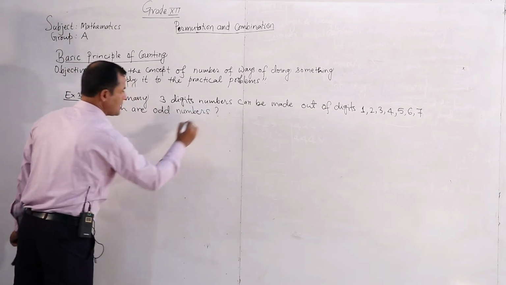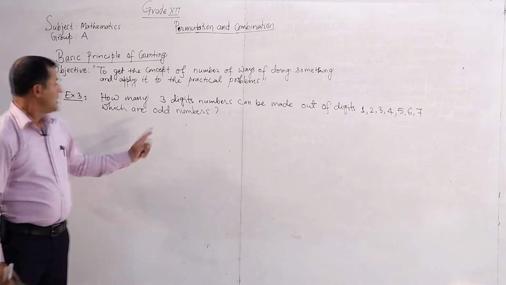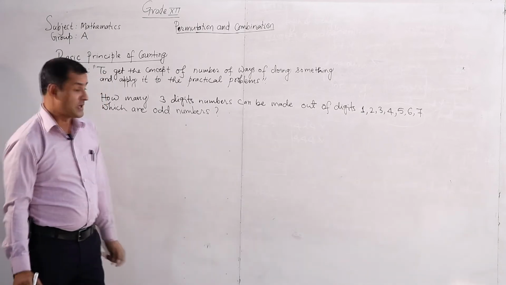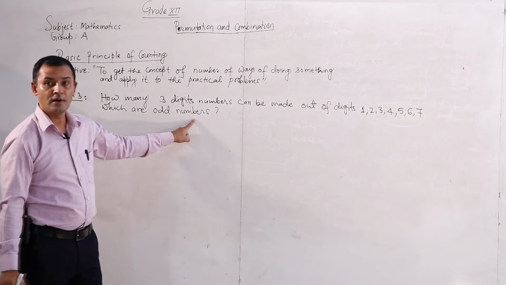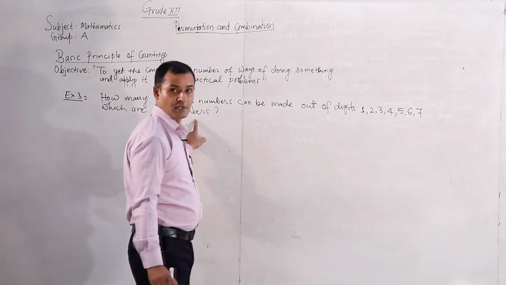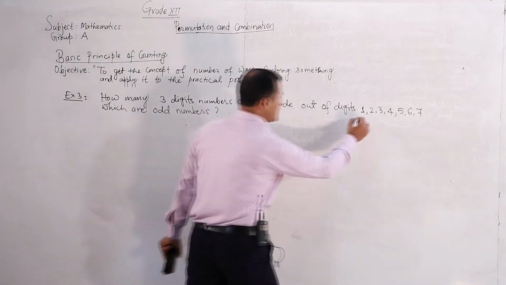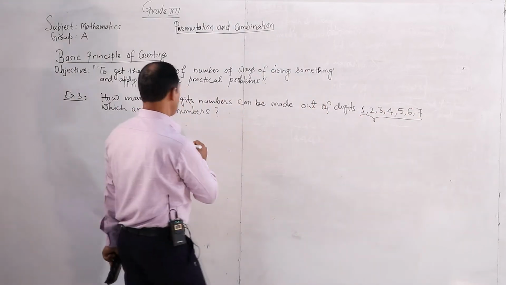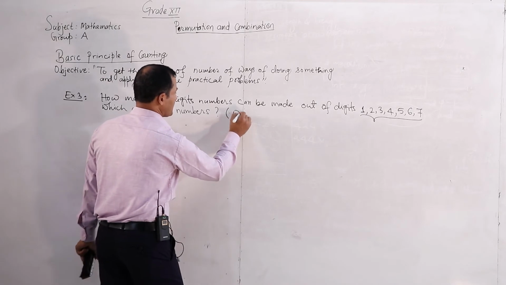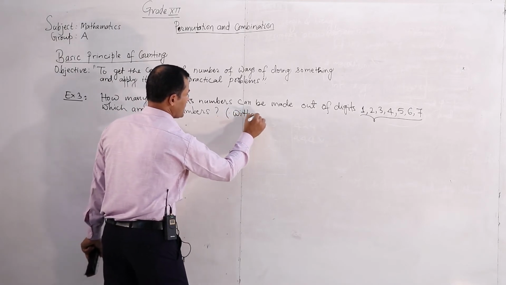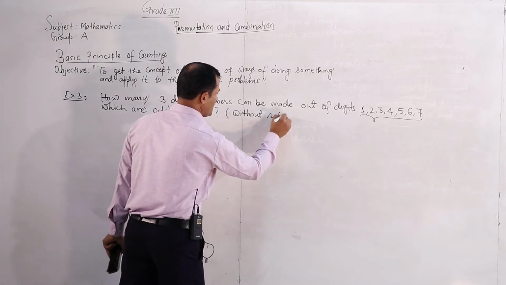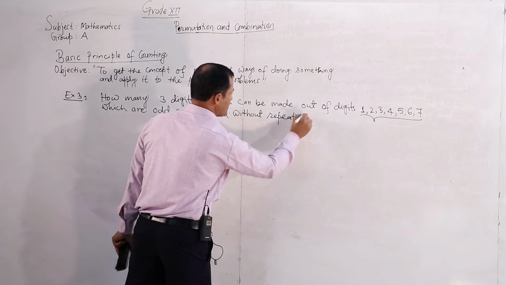This problem is similar to the previous one, only we are choosing odd digits in the unit place, without repeating the digits.